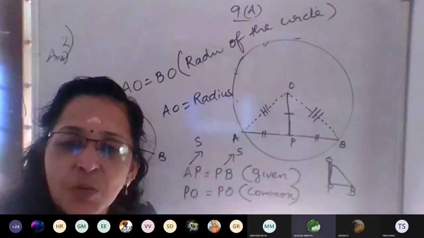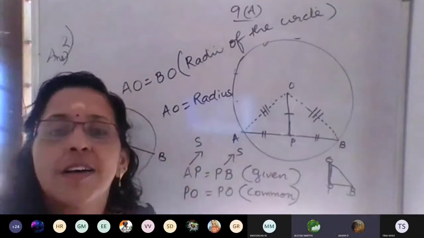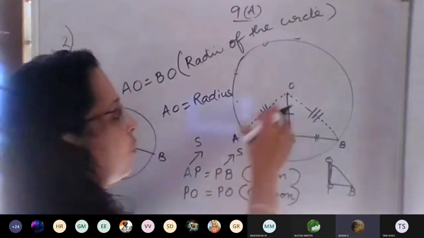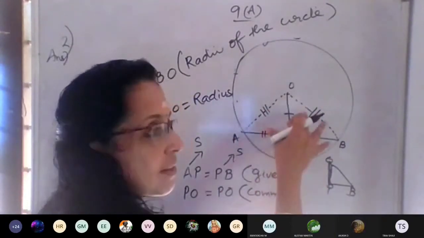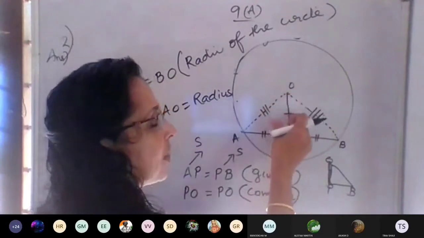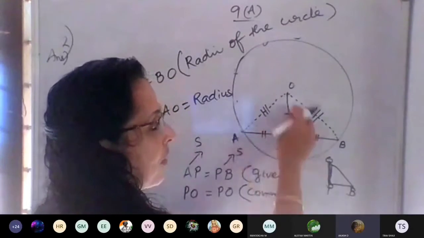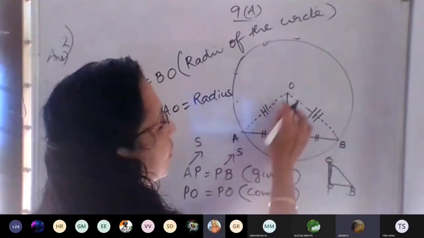If all the sides are equal, then angles will also be equal. Yesterday we discussed: if the mother is going, the children will go along. Similarly, sides and angles are dependent. Using SSS, we proved these three sides are equal, so all the other angles will also be equal.